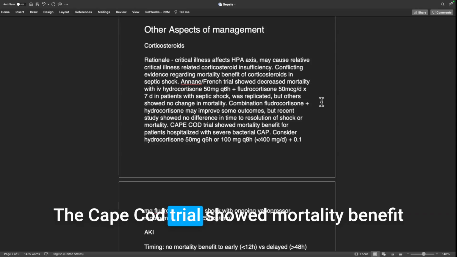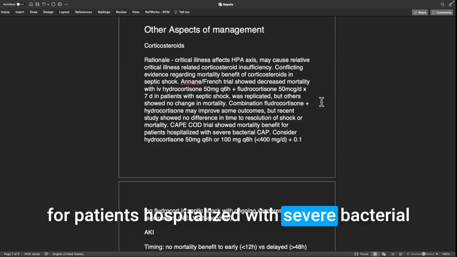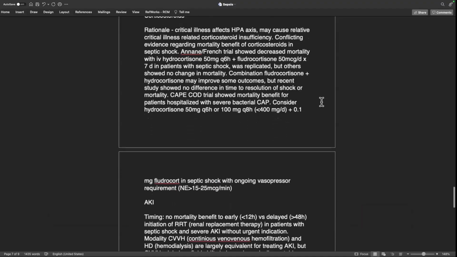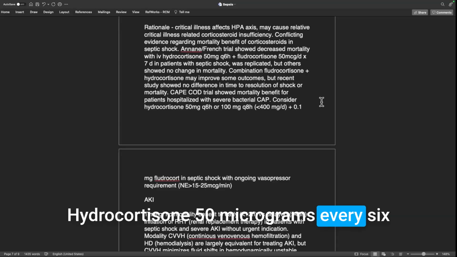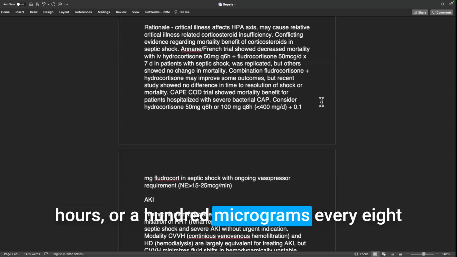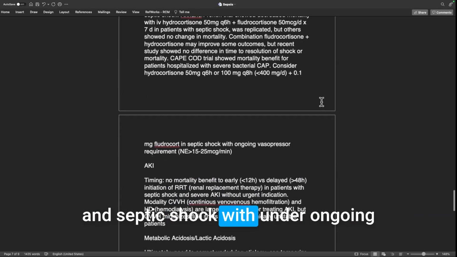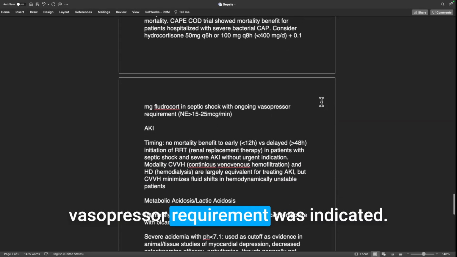The CAPE COD trial showed mortality benefit for patients hospitalized with severe bacterial community-acquired pneumonia. In this case, hydrocortisone 50 milligrams every 6 hours or 100 milligrams every 8 hours plus 0.1 milligrams fludrocortisone was indicated in septic shock with ongoing vasopressor requirement.